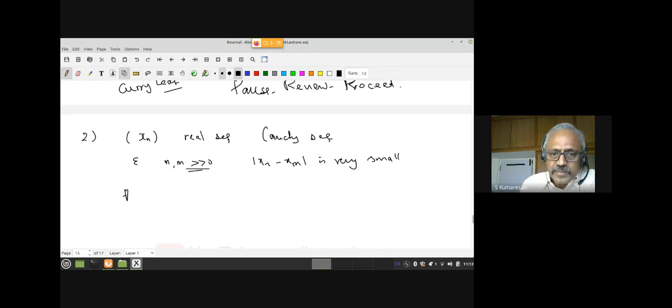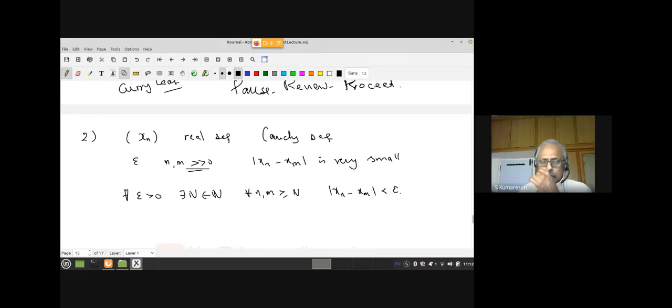It says that give me any epsilon, there is a natural number capital N, so that whenever n and m are greater than or equal to capital N, mod xn minus xm is less than epsilon. See, now I made everything quantitative, because how small they are, epsilon is given, and n and m are very large. What does it mean? n and m are greater than or equal to capital N. You see that qualitative analysis becomes quantitative analysis. That's what real analysis is about.